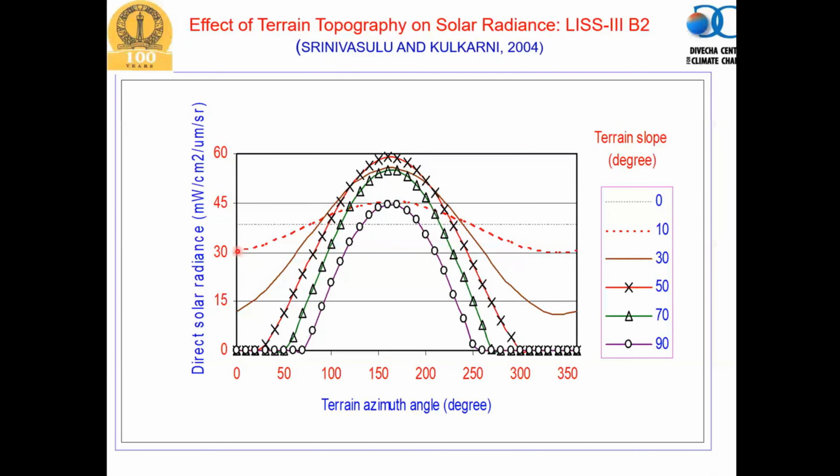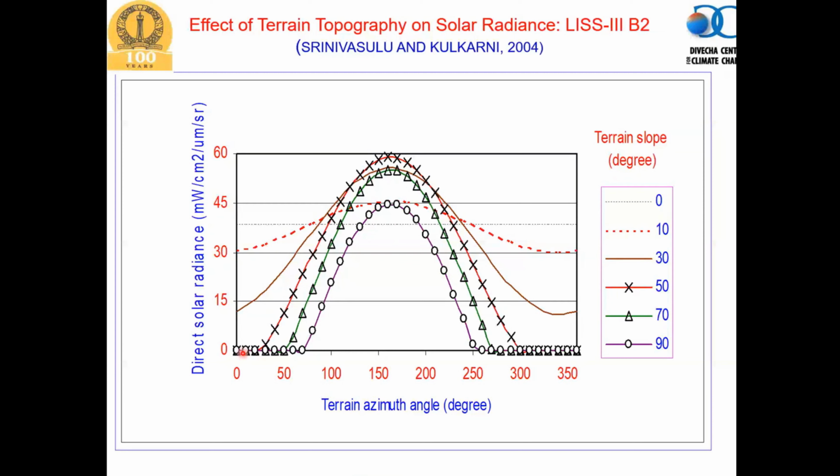So suppose you take almost 90 degrees as the slope. If you take this as a 90 degree slope, then you can see that initially, if it is a slope towards the north, then it is not receiving any direct solar radiation. That means it is in mountain shadow.